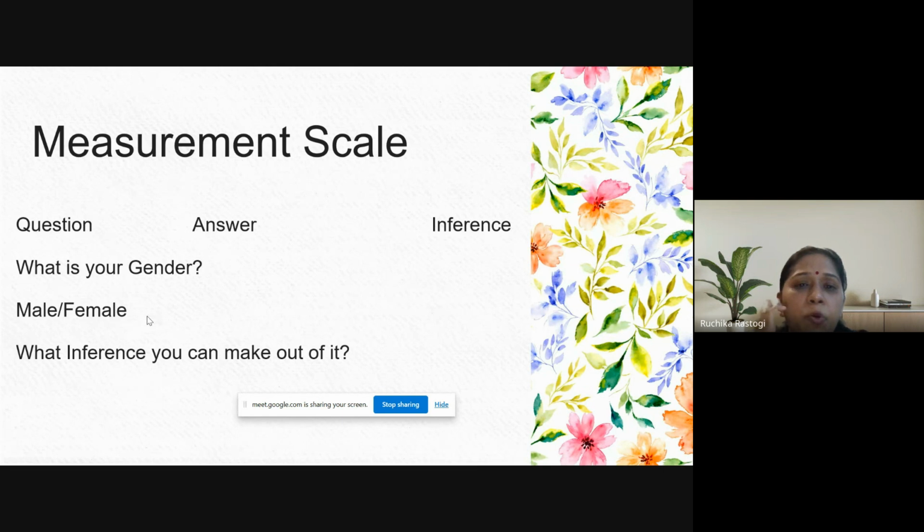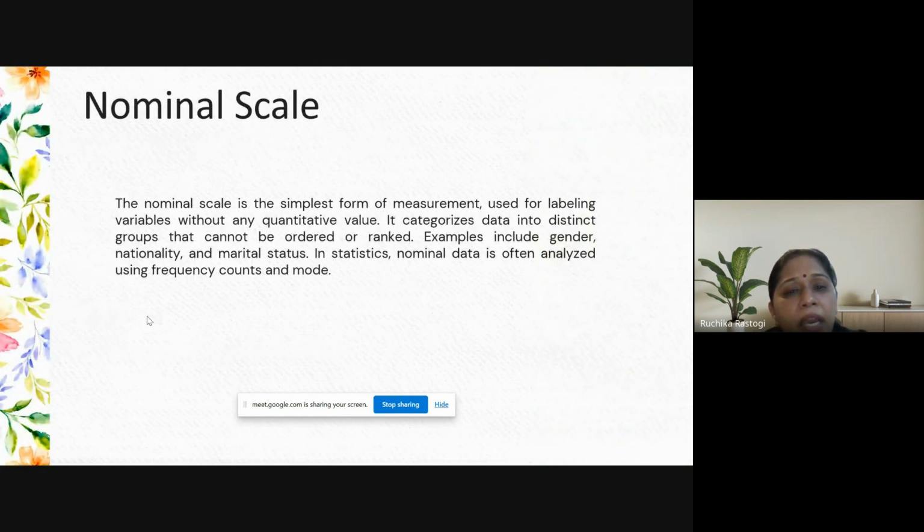The way you ask the question doesn't matter. What matters is the outcome which you are trying to imply. So we have seen various questions yesterday. We have seen the nominal scale, in which the responses cannot be compiled with the help of any tool except count and percentage.